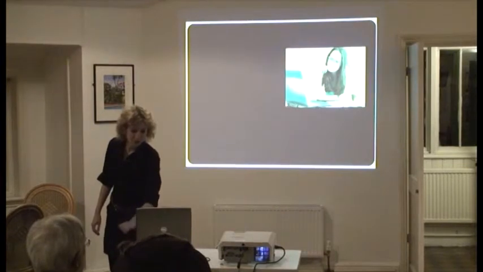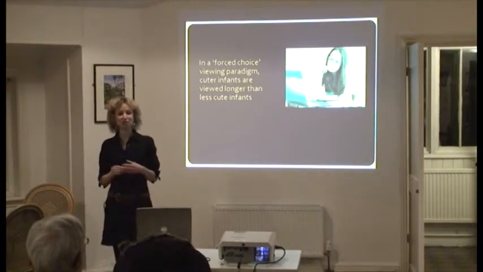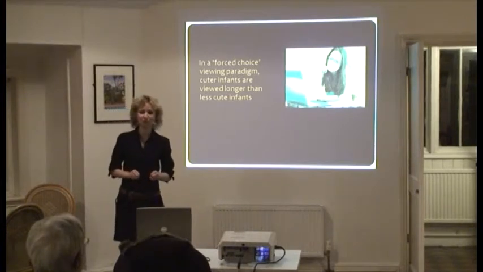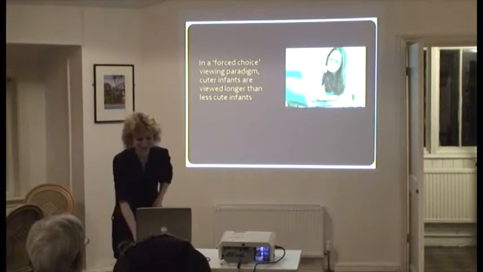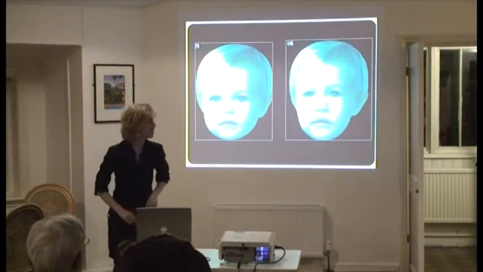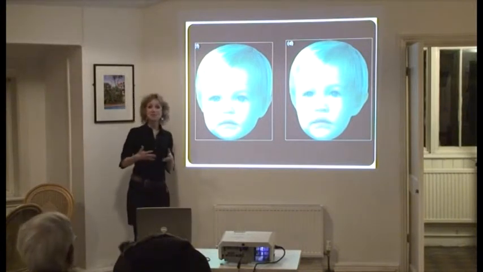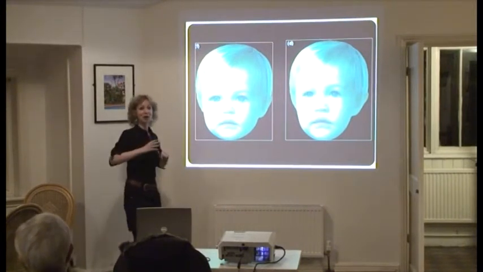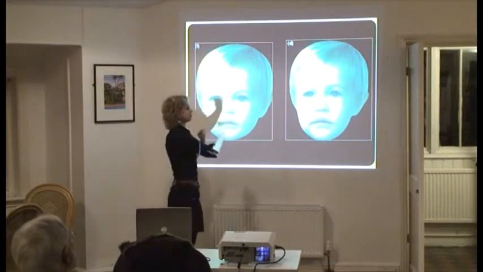So, in a forced choice viewing paradigm, cuter infants are viewed longer than less cute infants. You might wonder what on earth is a forced choice viewing paradigm. This is what a forced choice viewing paradigm looks like. Basically, like you're doing right now, you sit and you look at a screen with two pictures on it.